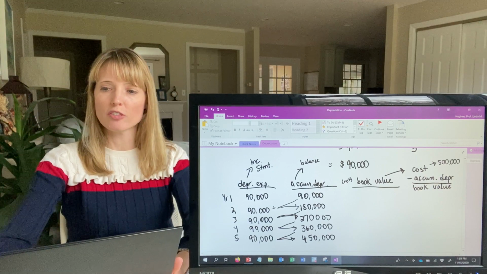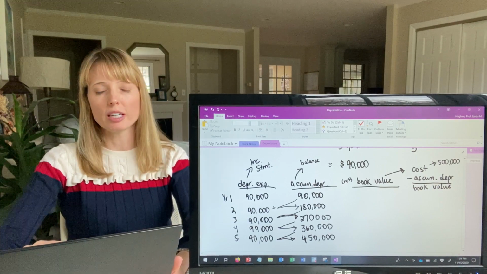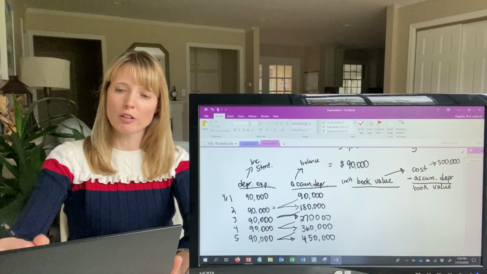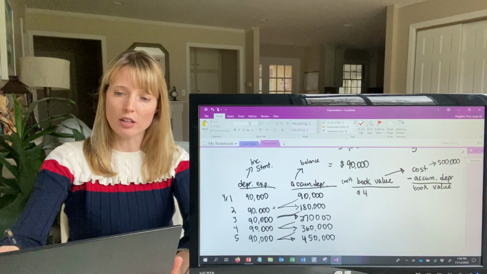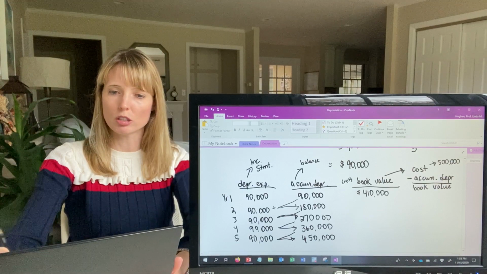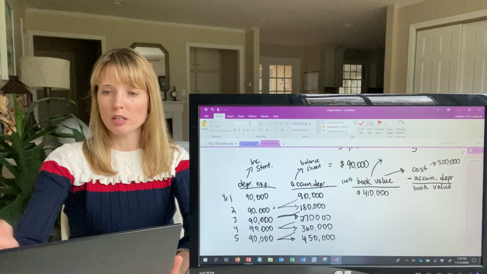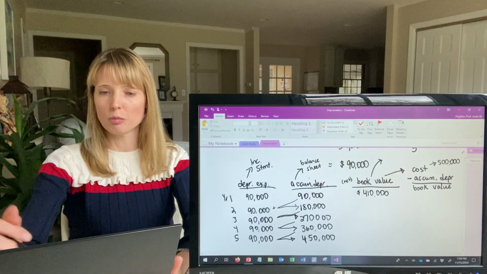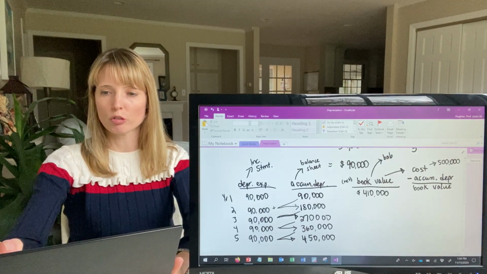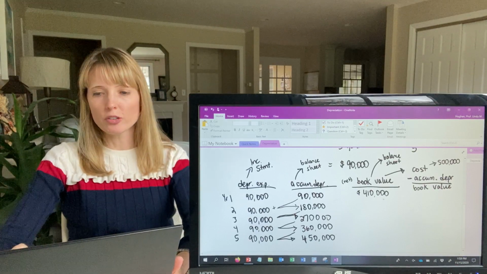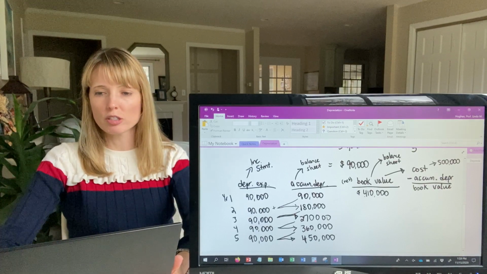If we take that cost of 500,000 and subtract the 90,000 at the end of year 1, the asset, the crane, has a book value of 410,000, and that gets reported on the balance sheet. So the asset at its cost minus the accumulated depreciation is also shown on the balance sheet. The book value at the end of year 1 is 410,000.